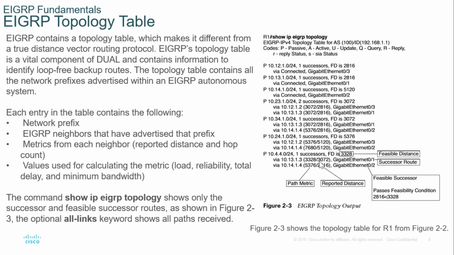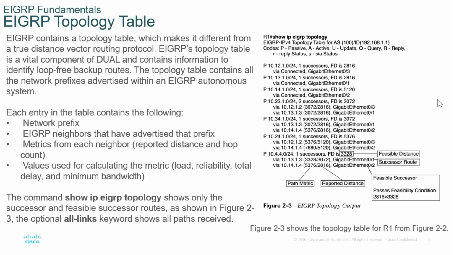So ini is the successor route which is 3328, and this is the feasible successor, the backup path. This is the best path. This is the backup path. So, daripada feasible distance 3328 ni, dia akan ambil successor route ni dan letakkan dalam routing table while maintaining this feasible successor dalam dia punya topology table.